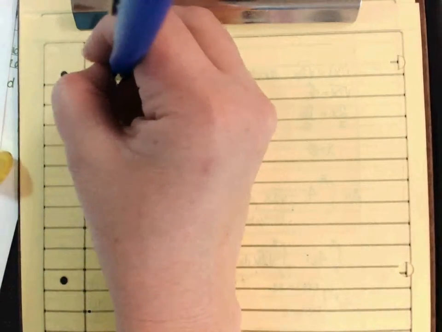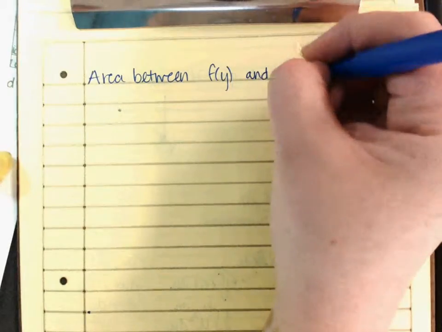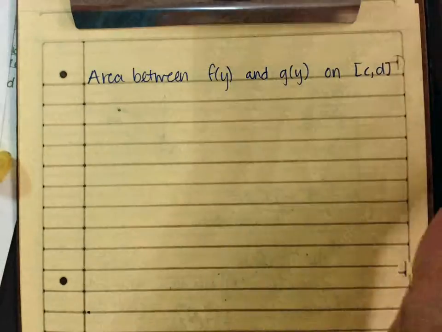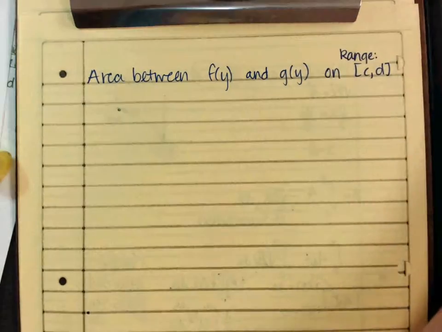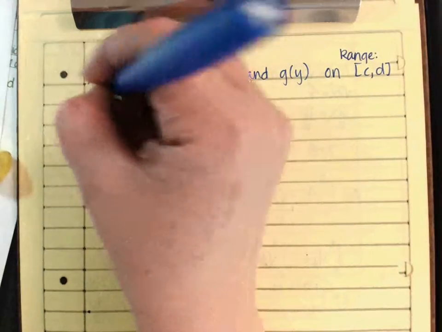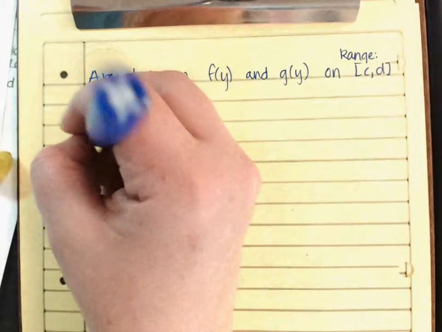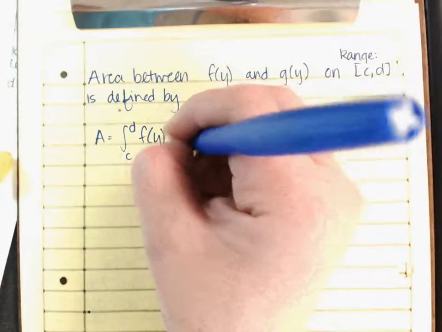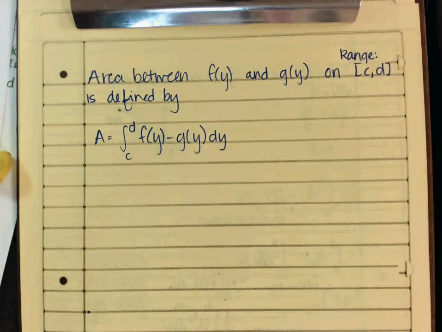So if you are taking the area between f of y and g of y, on the interval from c to d, that would be your range, then it would be defined by area equals integral c to d f of y minus g of y dy. And then here's kind of a picture just to go with that.